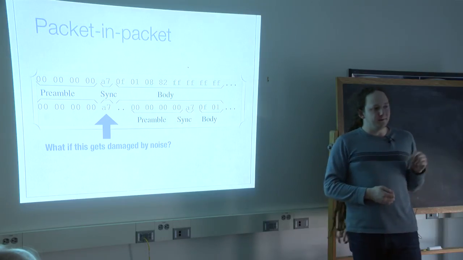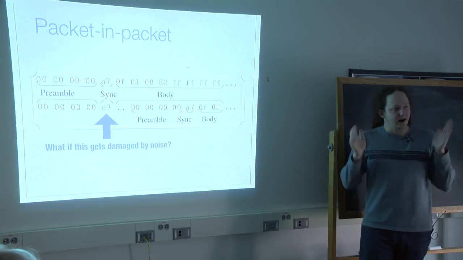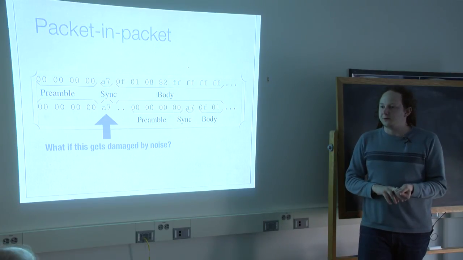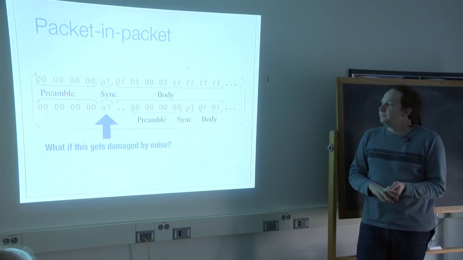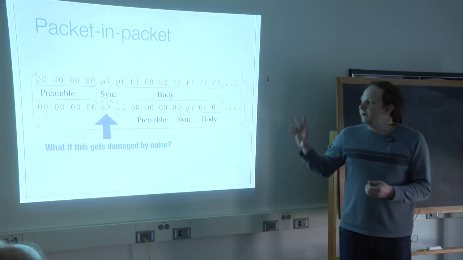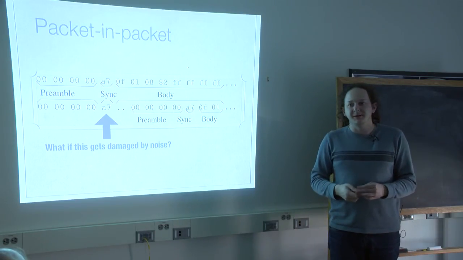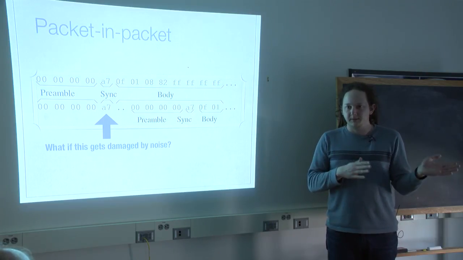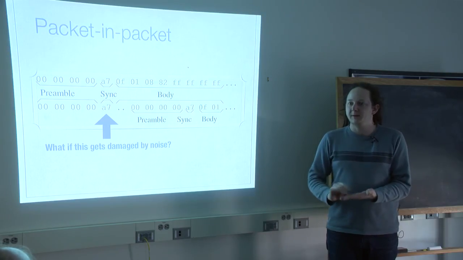And it's dropped explicitly. So the receiving radio knows that a packet began. It had the packet in its buffer. And then at the end, the checksum was wrong, so it decided to flush the buffer and forget about the packet. But if the A7 gets damaged, then the packet gets dropped implicitly, in that the packet goes past the radio, but the radio never knows that the packet ever began.